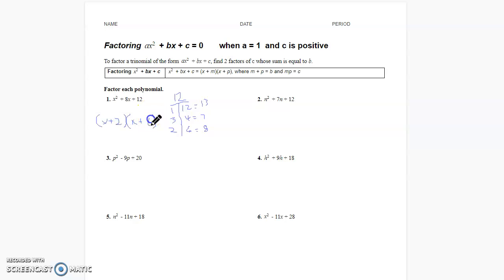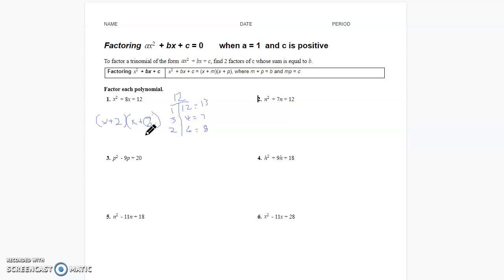Okay, that's supposed to be a 6. What an awful looking 6. Oh, this writing program. That's supposed to be a 6, not a 2 again. So the answer is x plus 2 times x plus 6. Maybe I should start typing it instead of this.